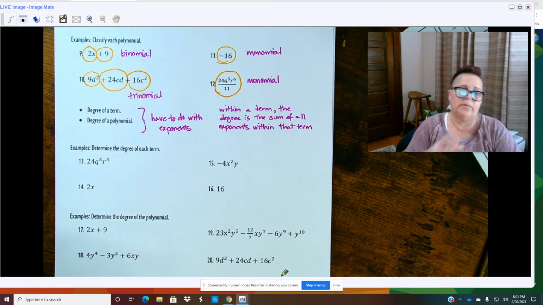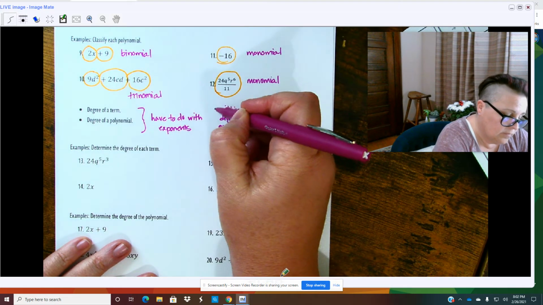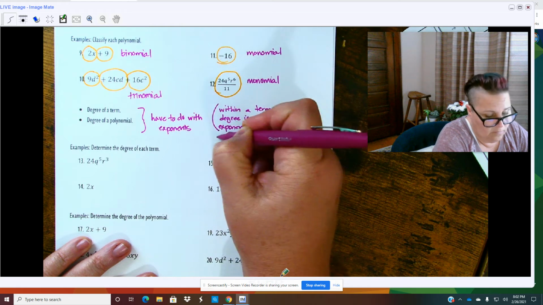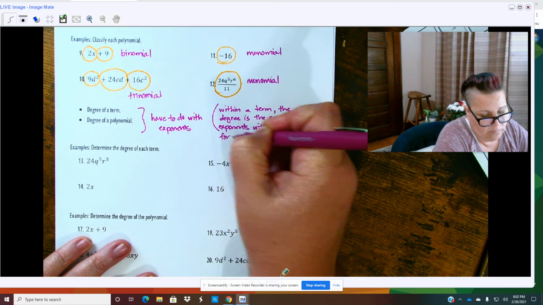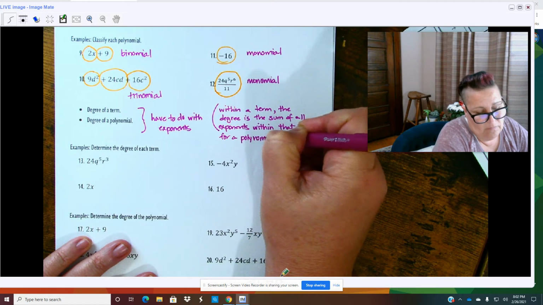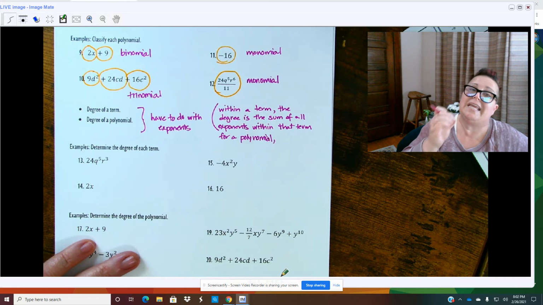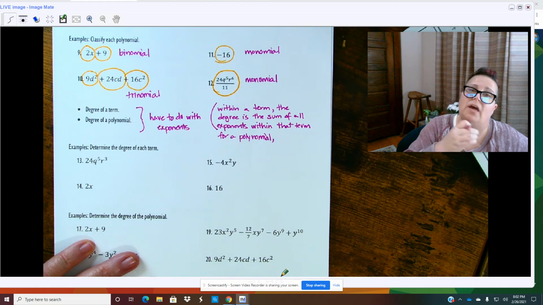So given a term, if you've got squareds and cubes and whatever all within that term, then the degree of that term is the sum of all of the exponents, right? If we're talking about the degree of the polynomial, the degree of the polynomial is the degree of the highest term.